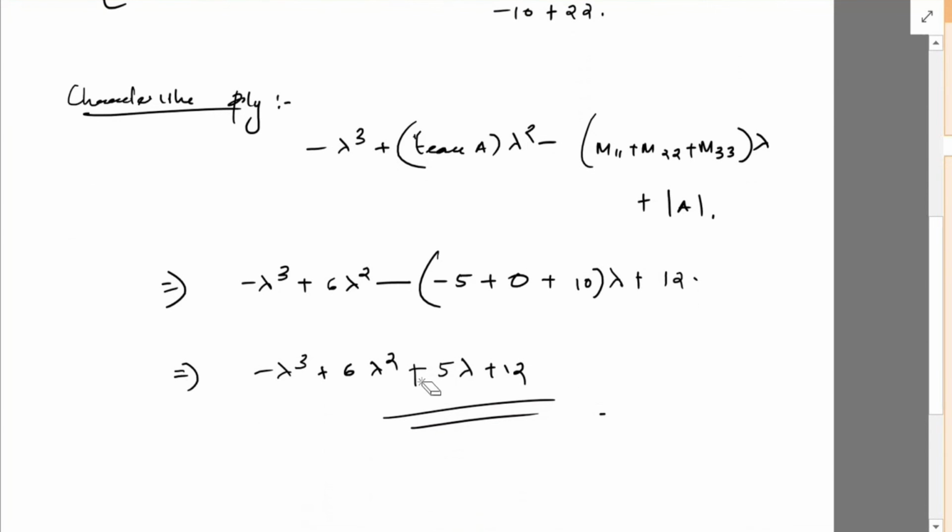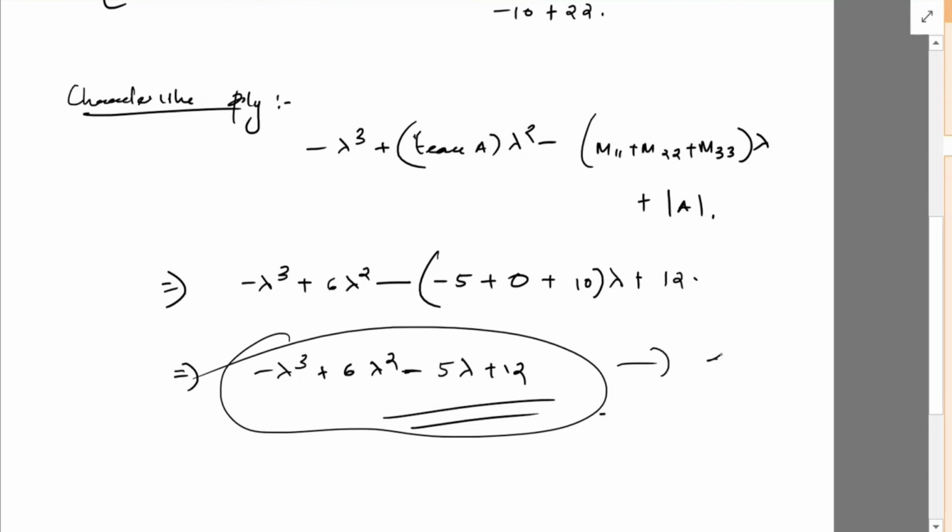It is not plus 5. It is actually minus 5. Yeah, it is minus 5, right? So the actual characteristic polynomial is minus lambda cube plus 6 lambda square minus 5 lambda plus 12, which was right. So find out the roots of this polynomial. We are not able to find the roots of this polynomial.